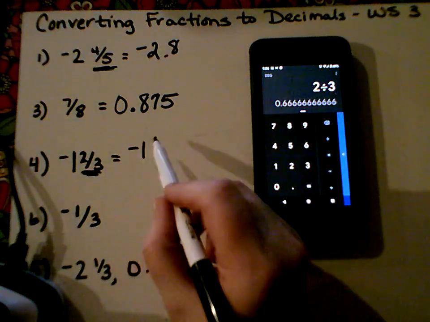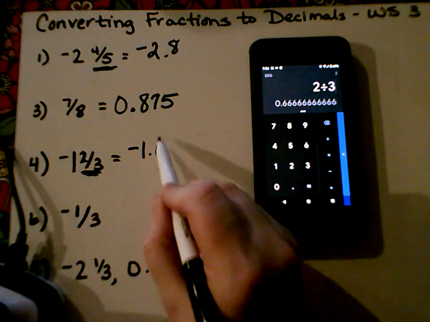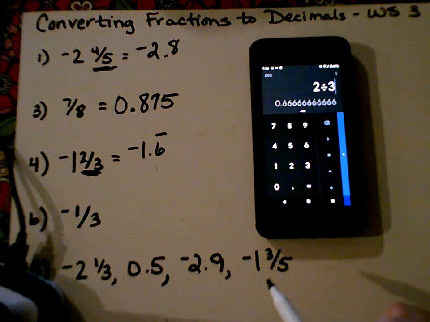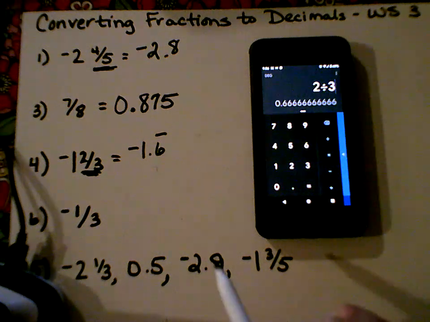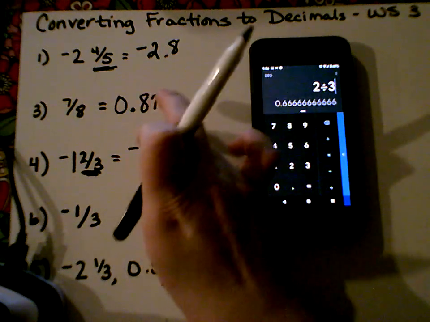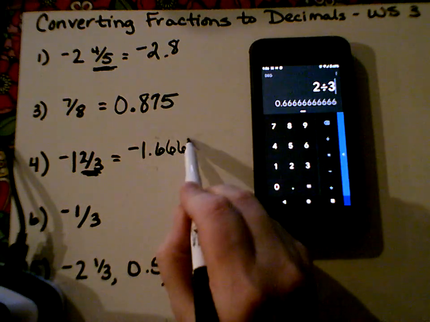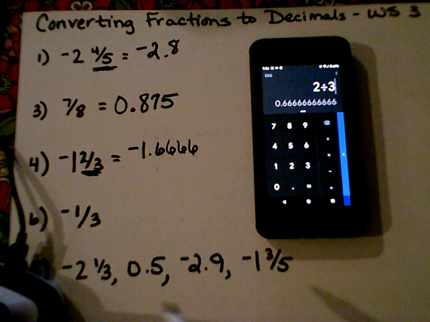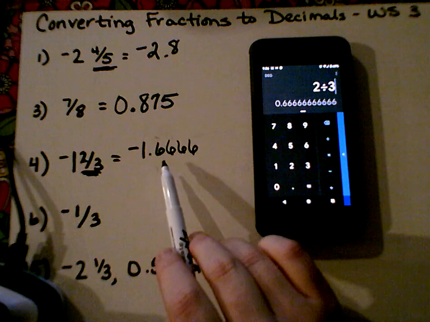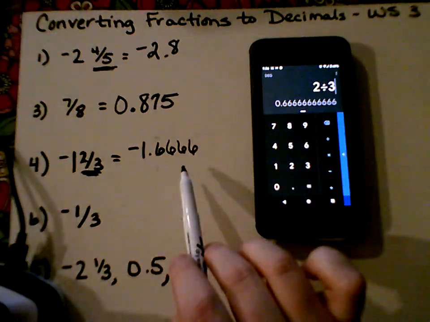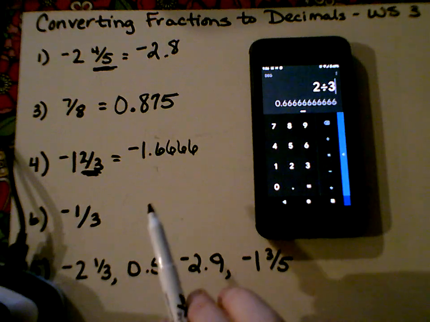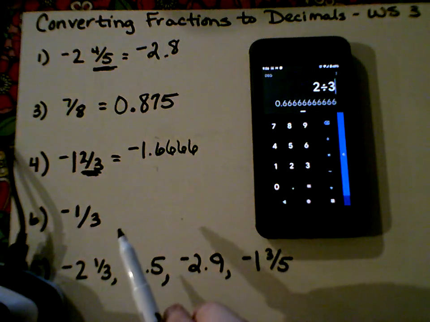Okay, so we talked about how you can't write it the proper way in a Google Doc. So we are just going to write out the 6 a couple times. That way I understand that you have the correct answer. And we will worry about writing it the correct way when we get back in school.